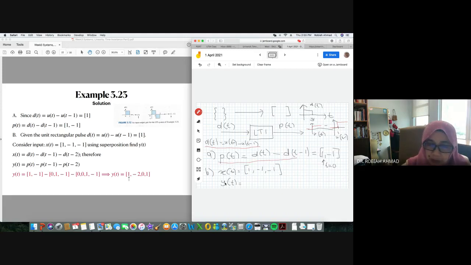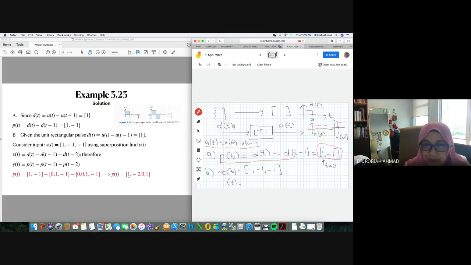So if we rewrite this, and then we also know that bila kita ada DT minus 1, it is represented by this.